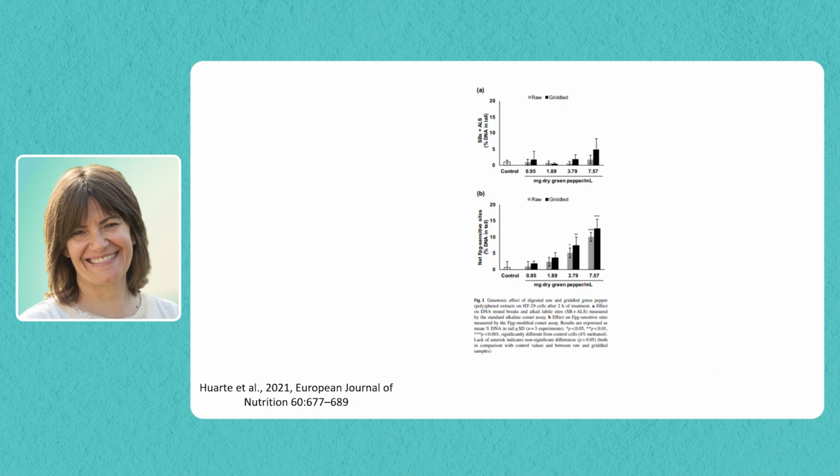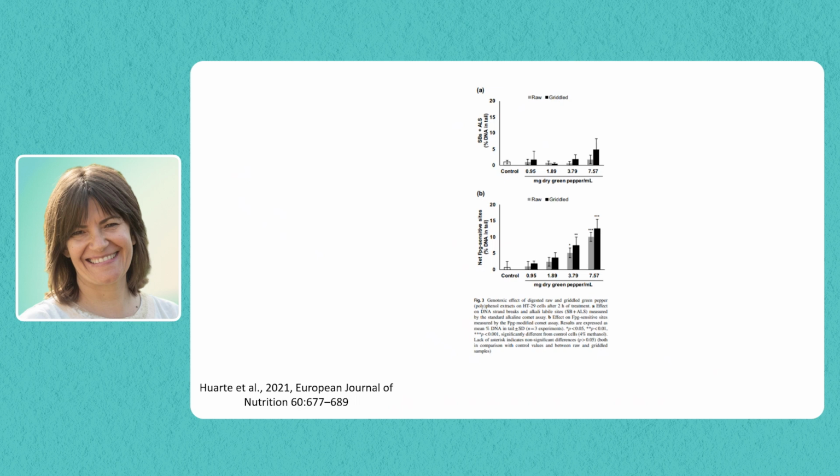Then we digest them in vitro with different enzymes and different treatments in terms of temperature, pH, and so on. We are recreating what is happening in our digestion. And when we finish, we perform the Comet assay.